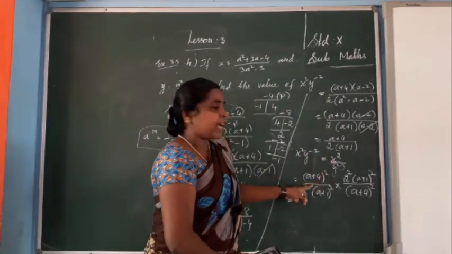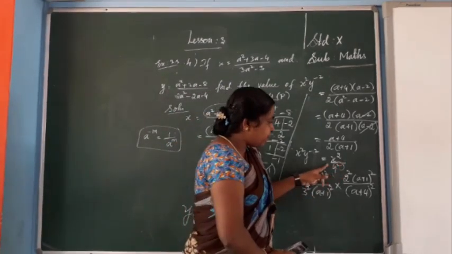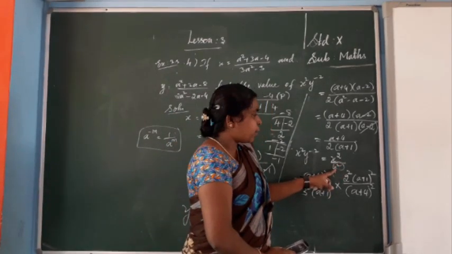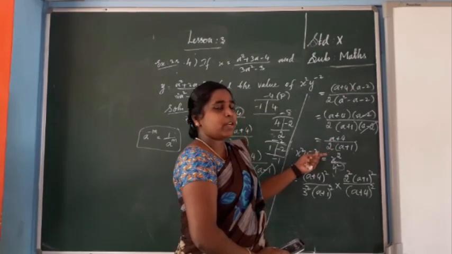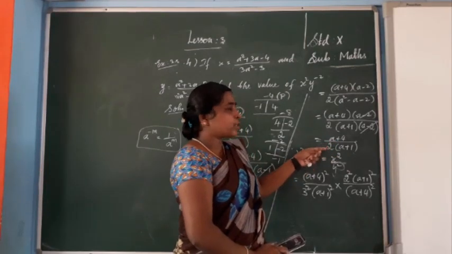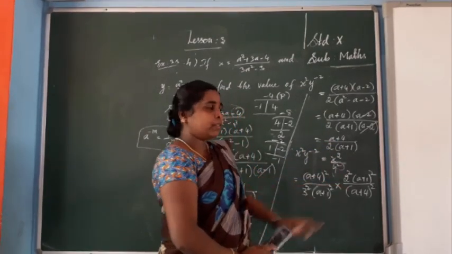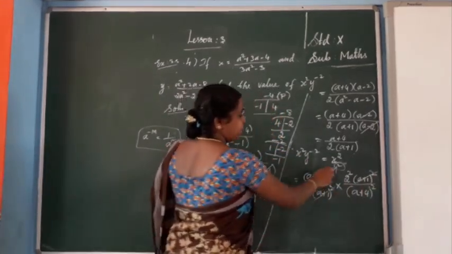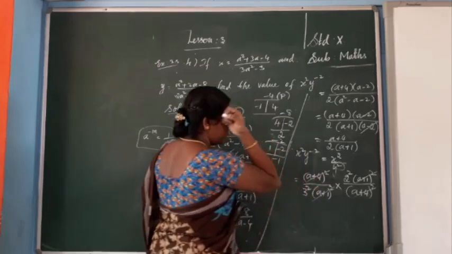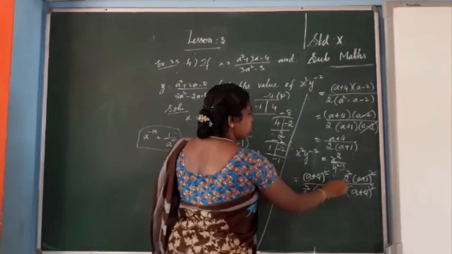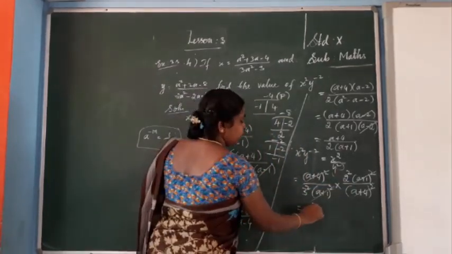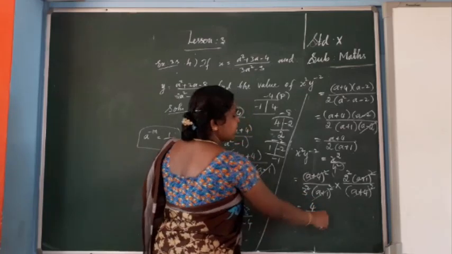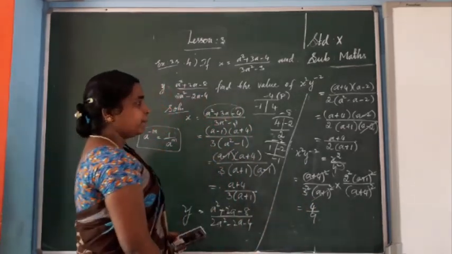Instead of divide, into the reciprocal of the y value, because that is a rational expression. Next, a plus 1 the whole square, a plus 4 the whole square. Remaining is 2 square, which is 4, and 3 square, which is 9. This is the answer.